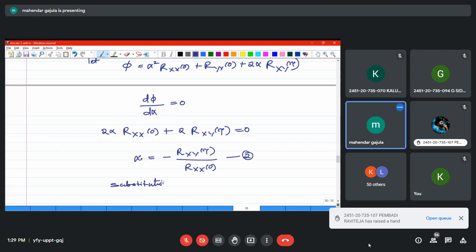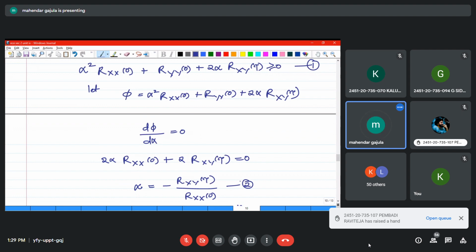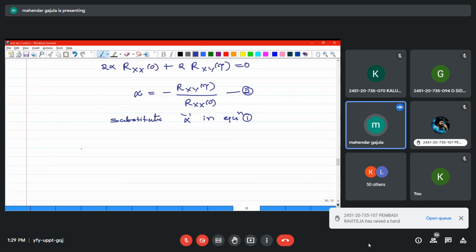Substitute alpha in equation 1. So what is equation 1? Alpha square r_xx(0). Alpha square is nothing but r_xy(tau) square by r_xx(0) square times r_xx(0).